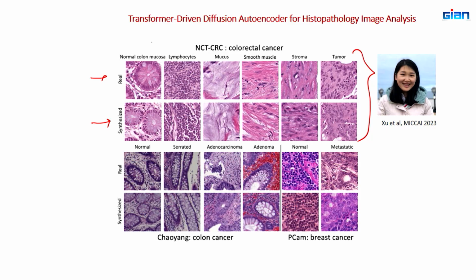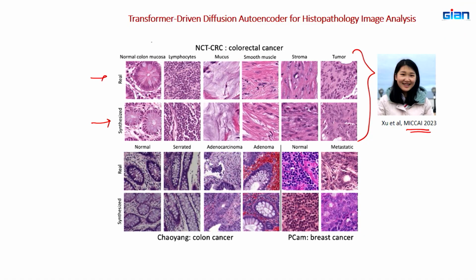Now just compare the first row to the second row. You'll see that the images we generate in the second row are quite similar to the images in the first row, and these were verified by our pathologist. If you look at our paper, you'll also see a small section where our pathologist talks about what they think the differences are between the two sets of images, how similar they are, where we are going wrong, and all of that.